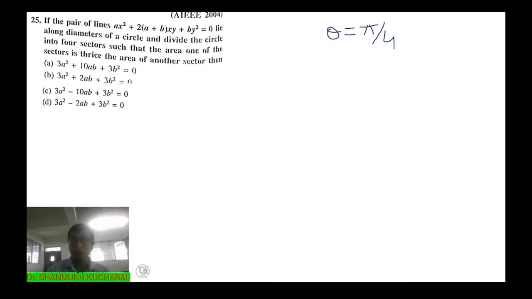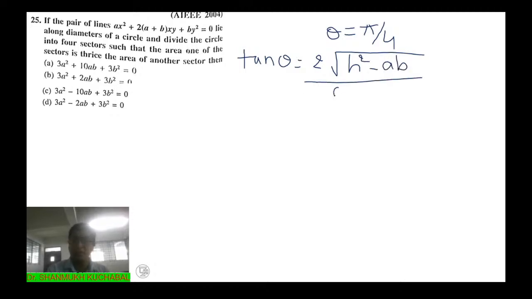Now we'll write a formula. It is tan theta equal to 2 times under the square root of h square minus ab, whole divided by a plus b. Okay, so further tan theta is tan pi by 4, which is 1, so 1 equal to 2 times under the square root of h square minus ab, divided by a plus b.